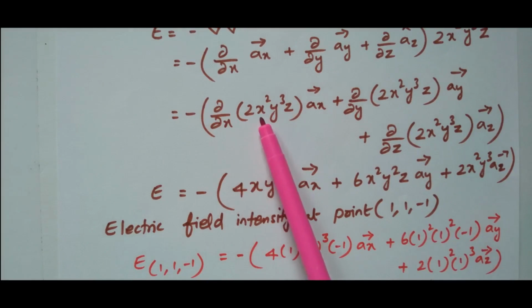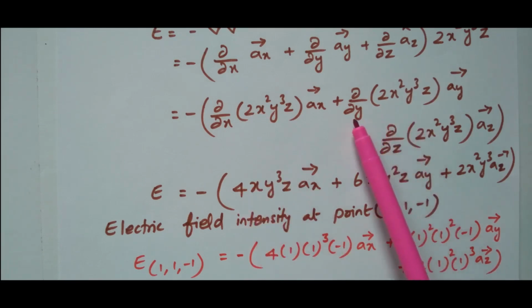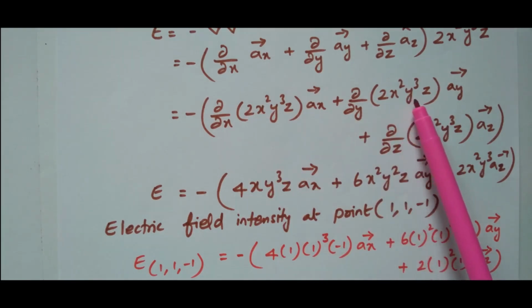Dou by dou x: differentiation of x square is 2x. Already a 2 is there, so it is 4x y cube z. This y cube z is written as it is. Then the differentiation with respect to y: differentiation of y cube is 3y square.